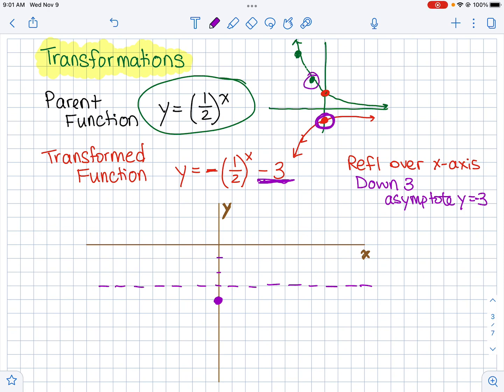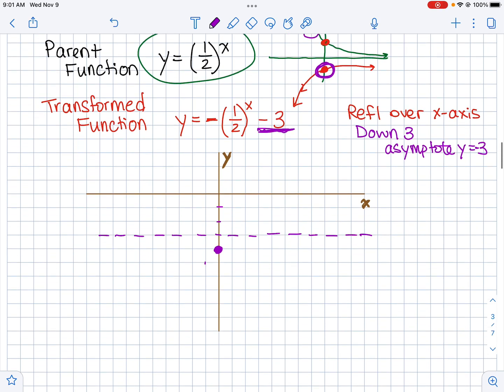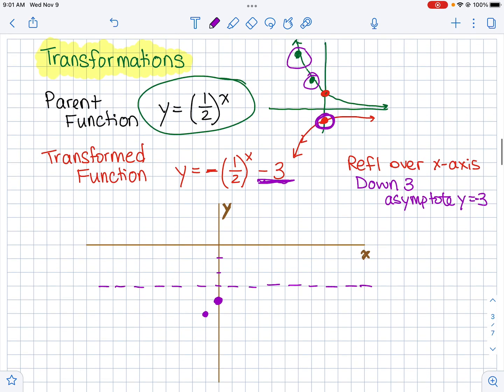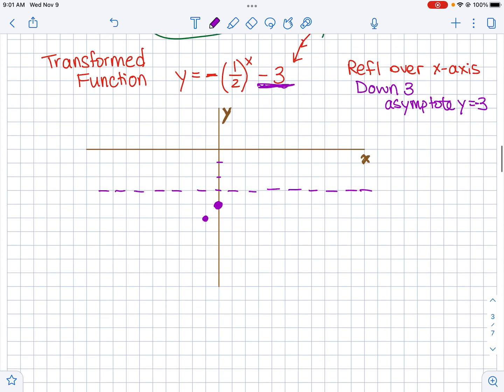I can see it's going to follow the same kind of pattern, but a reflected one. So I know I'm going to have a point here. And I'm also going to have a point here. And then it's just going to get smaller on this side.